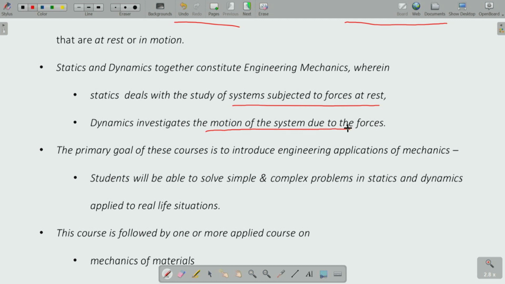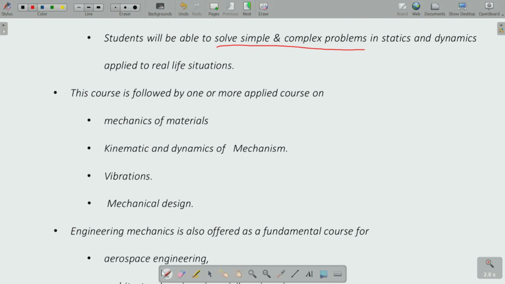The primary goal of this course is to introduce engineering applications of mechanics, by which the student should be able to solve simple and complex problems in statics and dynamics applied to real life situations. You'll also see this course is followed by applied courses on engineering materials, dynamics of mechanisms, vibration and machine design.